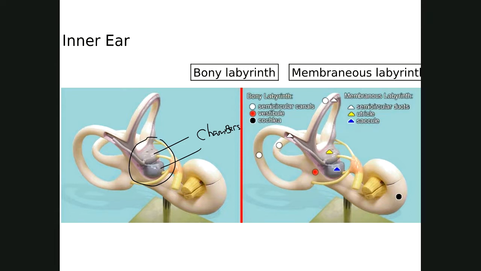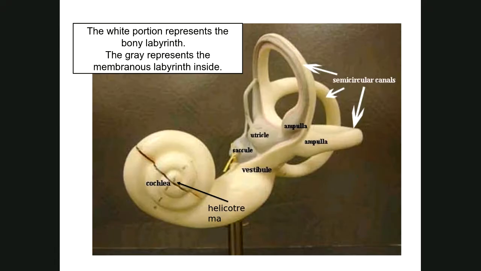One of them is called the utricle, and the other one is called the saccule. So here they are right here, the utricle and the saccule. The utricle is closer to the semicircular canals. The saccule is closer to the cochlea. And that's the easiest way for me, probably for anybody else, to remember which is which.